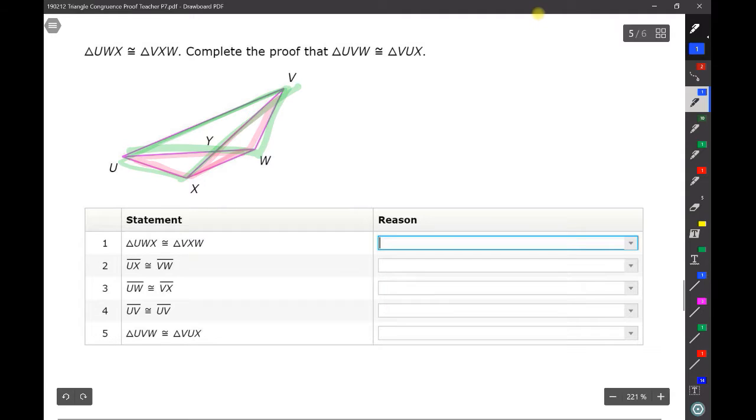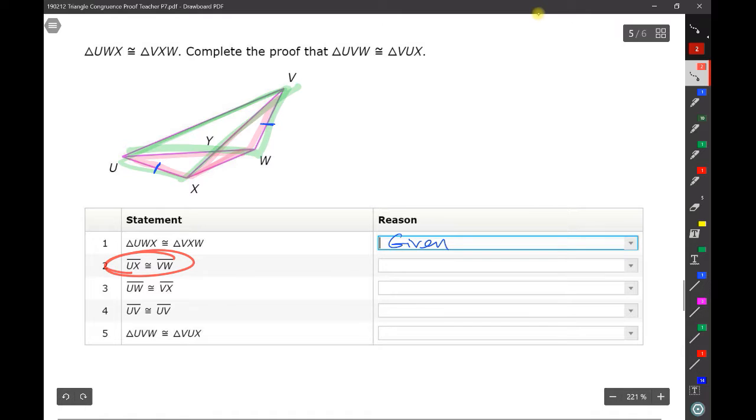So we're going to start with this initial statement, which of course is given to us, which is that UWX and VXW are congruent. What does that tell us? Okay, watch. The first thing it tells us is that side UX is congruent to side VW. We get that right from the naming right here. Look, 1, 3, 1, 3.